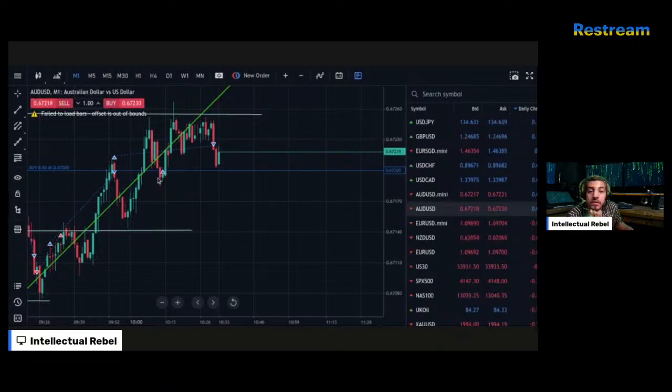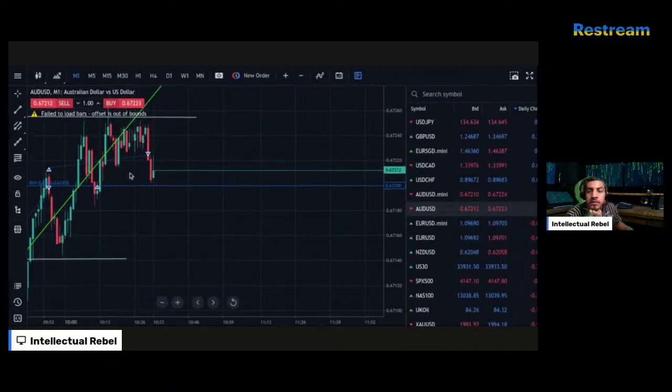It's gonna continue that trend. I mean, looks pretty good price action. Let's regenerate the response. I'm gonna regenerate the AI response. Let's go. Regenerate response.